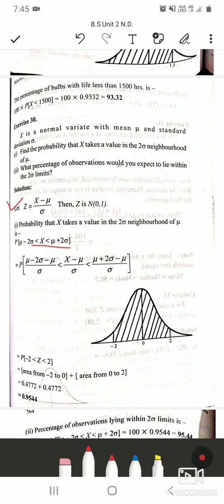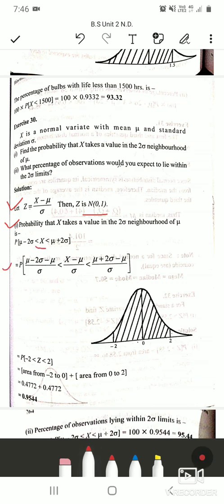First step is to find the standard normal variate z. So z equals x minus mu by sigma, and z follows a normal distribution with mean 0 and standard deviation 1. We have to find the probability that x takes a value in the 2 sigma neighborhood of mu, that is, the probability of mu minus 2 sigma less than x less than mu plus 2 sigma.